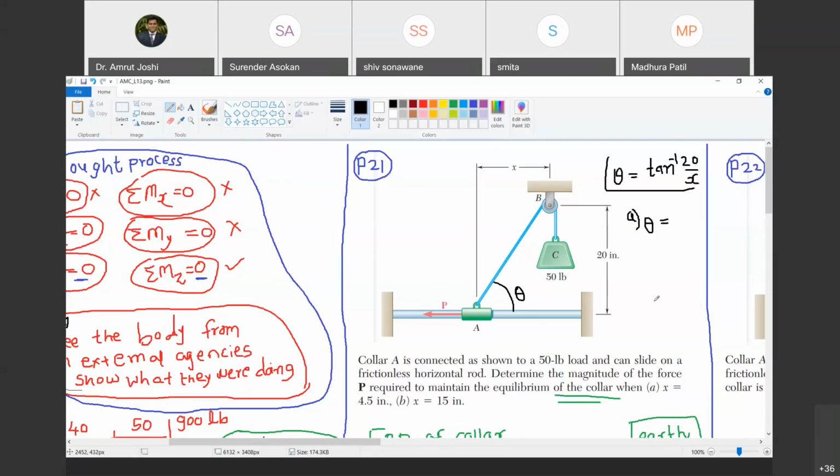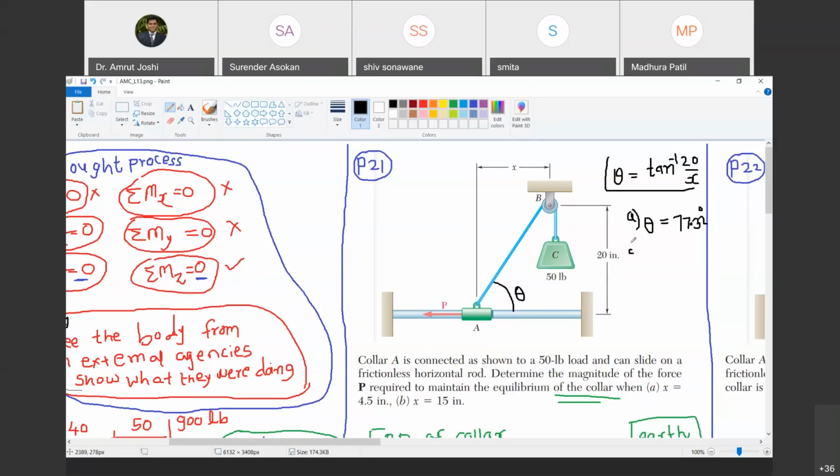Please change your calculator to degree mode. It is 77.32 degree. Is it right? Yes, sir. So it is 77.32 degree. Are you with me? Yes, sir.